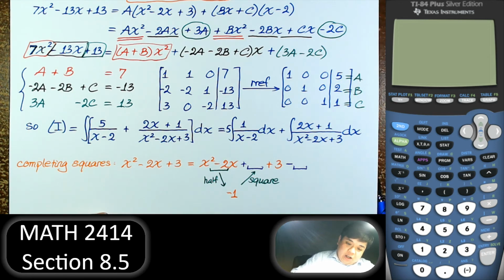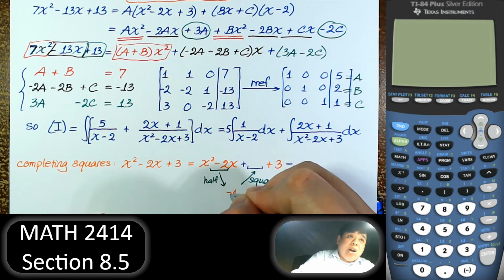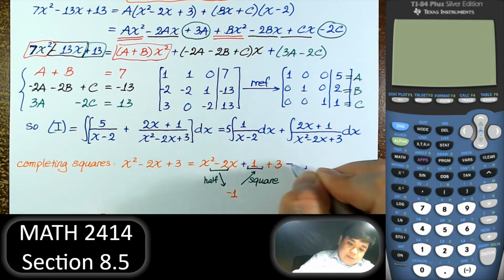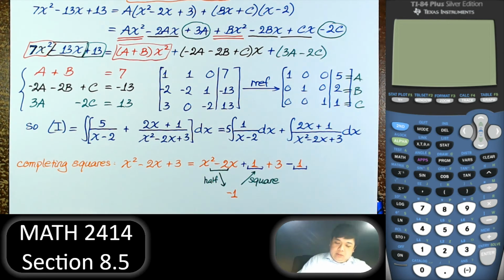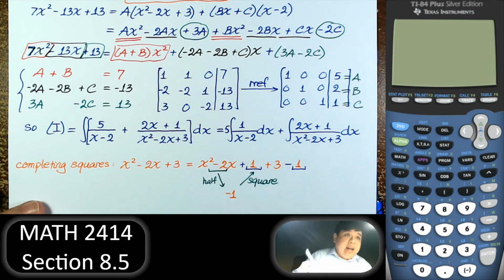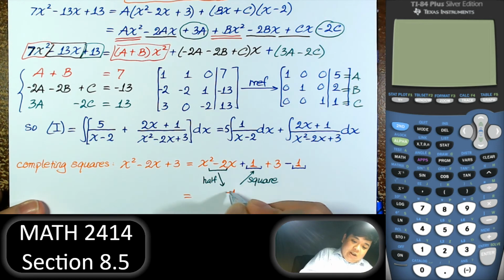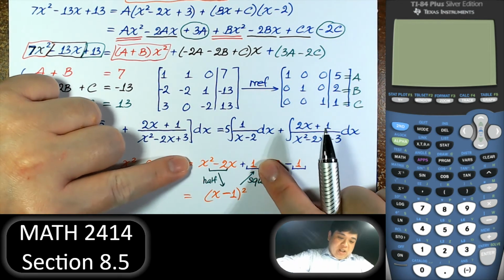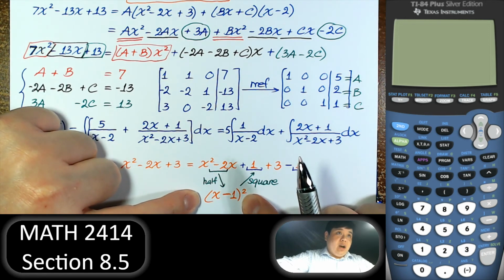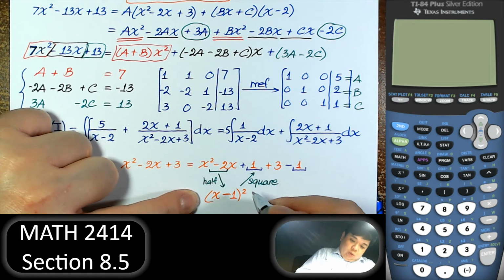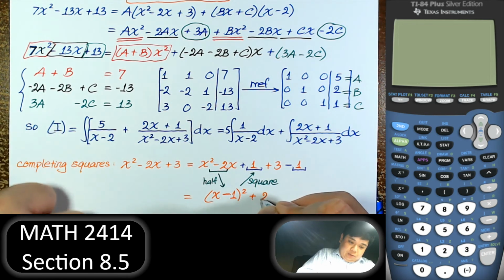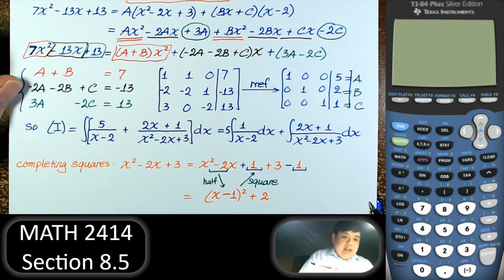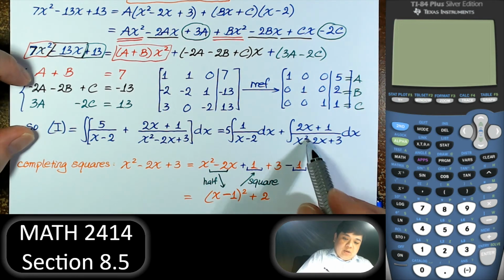So we're going to add 1. And the nice thing about this is, whatever number we have, just put x in front of it and make a square, and we have those three terms. It's a complete square. 3 minus 1 is 2. So that is the completed square of that one.